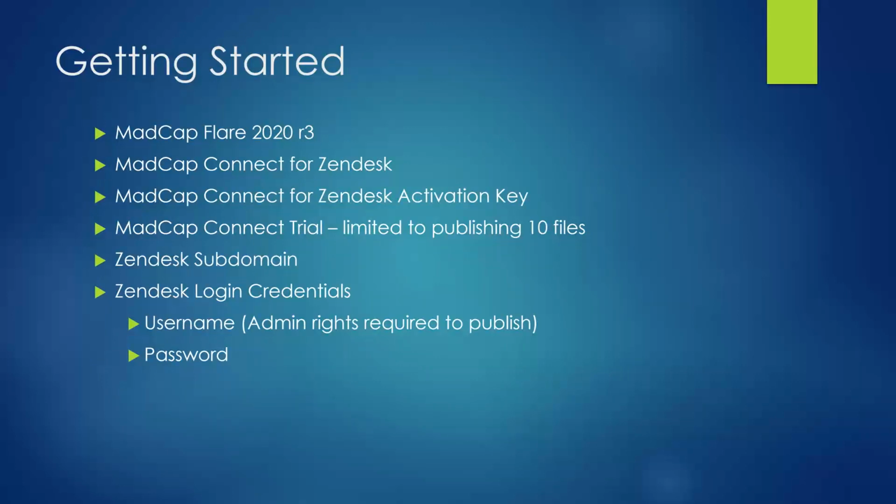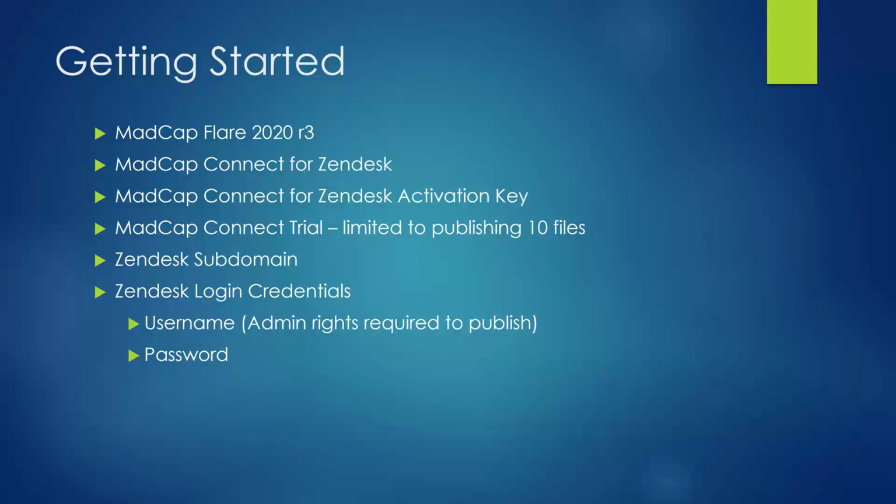First, you will need MadCap Flare 2020 R3. All the information being shared today is based on this version. MadCap Connect is automatically installed when you install MadCap Flare 2020 R3. You previously had to install it as an add-on or through the custom install, but for R3, it's automatically installed for you.